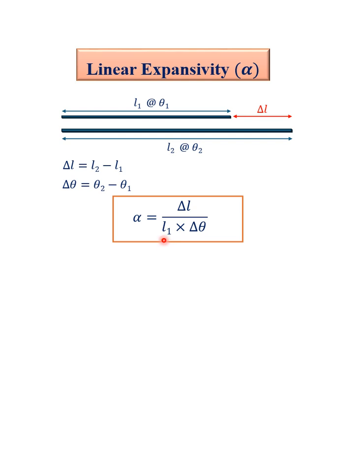Now, what is the unit of linear expansivity alpha? The unit of this can be derived from this equation. If you look at our first set of videos where we talked about derived units, you will understand how to derive units of quantities. If you look at this formula very well, change in length is a length, this is also length. So if both cancel out each other, you will just be left with change in temperature at the denominator of the fraction.